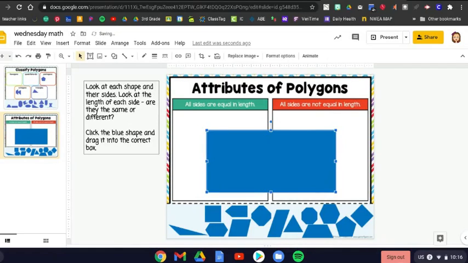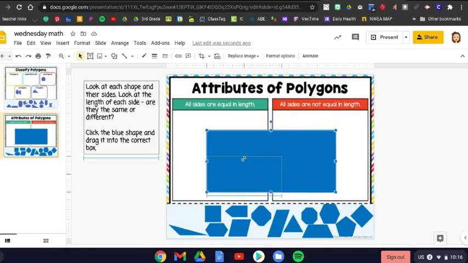Yesterday, when we looked at the polygons, we looked at the sides and the vertices, the corners and the angles. So we know that a rectangle is a quadrilateral, but it's different than a square because 2 of the sides are the same length, and then the other set of sides are longer. They're not equal in length.